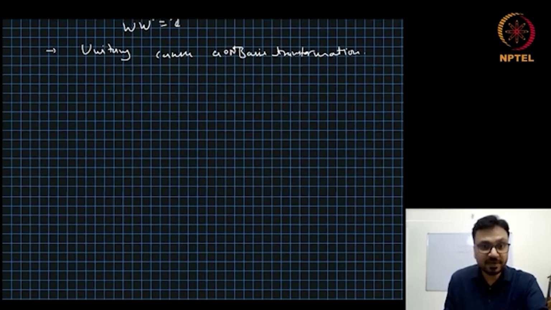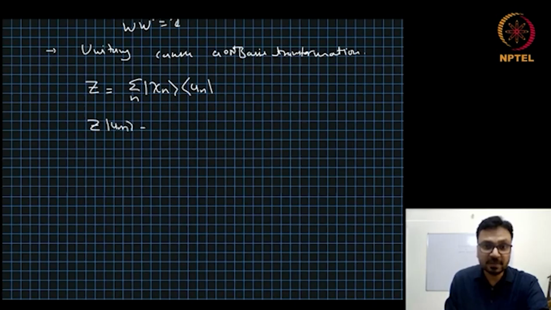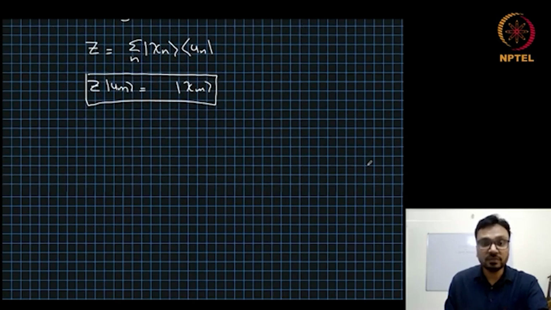But we can do something else also. Let us say we have z, which is sum over n of chi n u n. Now if z acts on u m, it will give us chi m. This is also a transformation from one basis to another. So we can see what is z dagger: that will be sum over n of u n chi n.